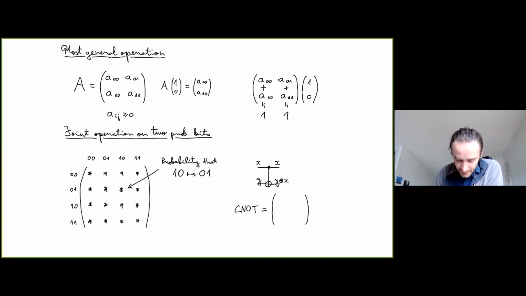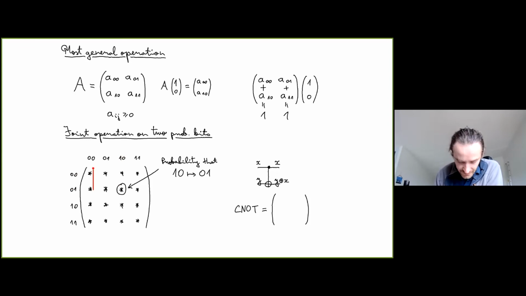Okay, and similarly, if you act on 2 bits, then you have a 4 by 4 matrix, because there are 4 possible values this pair of bits can have. And the meaning of this, for example, if you look at this number here, is simply the probability that your bits are going to be transformed from value 1, 0 to the value 0, 1.